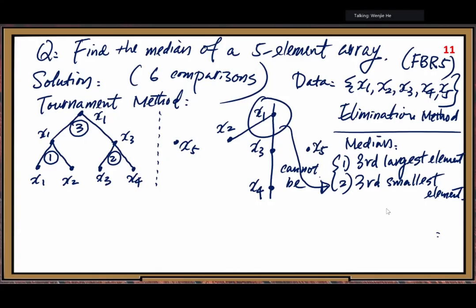If you do not realize you can eliminate X1, the consequence is that X1 is unrelated to the median, but there is a chance it may join your future comparisons, and then it's a redundant comparison.